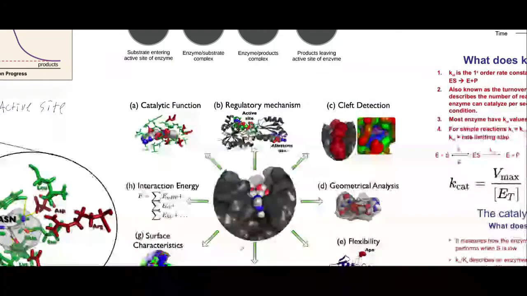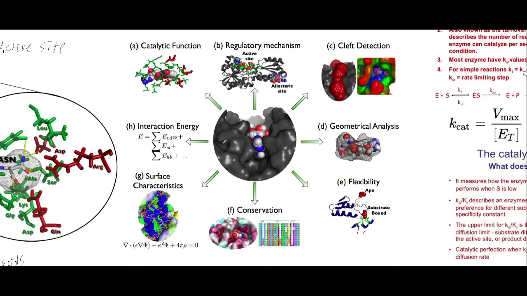And so over here we just have some ideas about the active site. And so up here it's just talking about regulatory mechanisms. We can have our active site, but we could have some other molecule that binds somewhere else on the protein, and that might affect the active site.